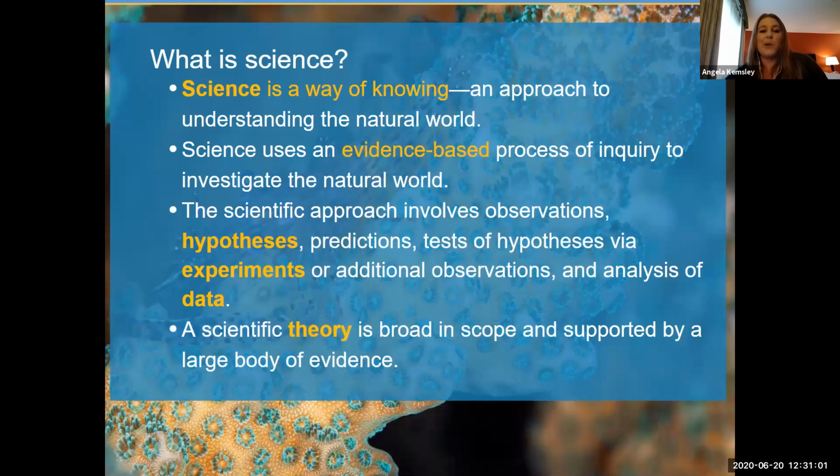So the first question we want to ask ourselves is, what is science? Science is a way of knowing about the world around us. It's an approach to understanding the natural world. Now, what's super important is that in science, we're not just making things up, right? We're not just looking around and making up nonsense about why things are like they are.